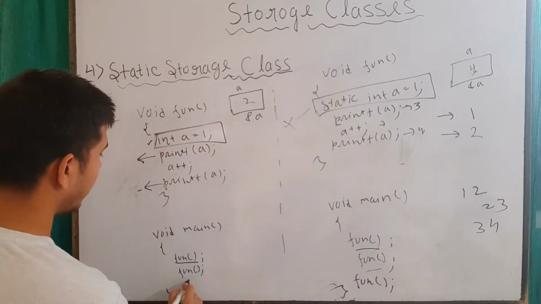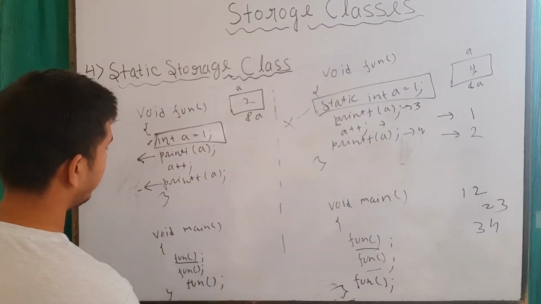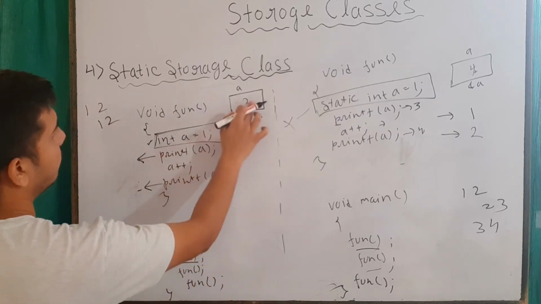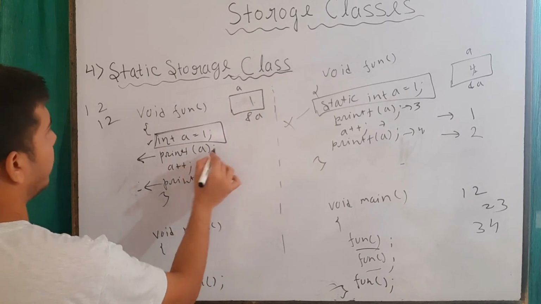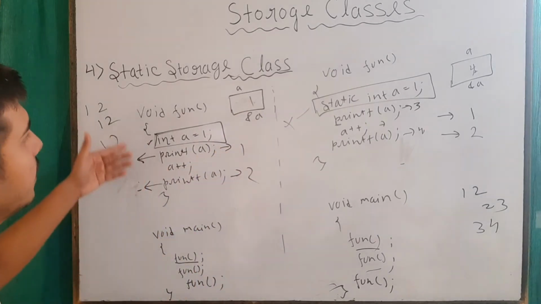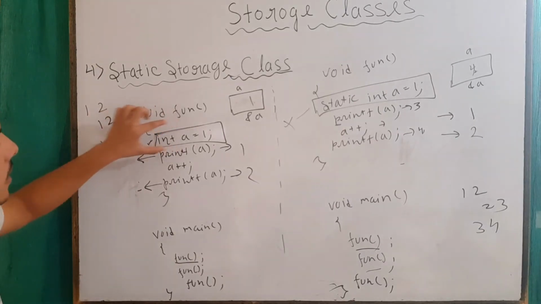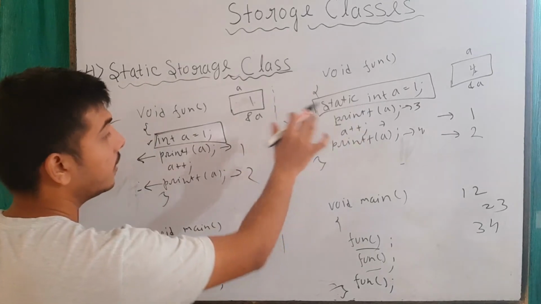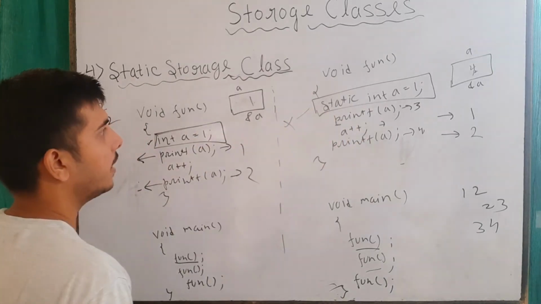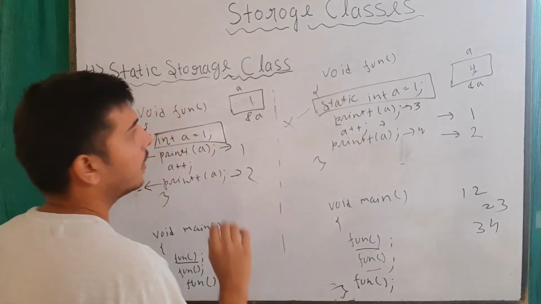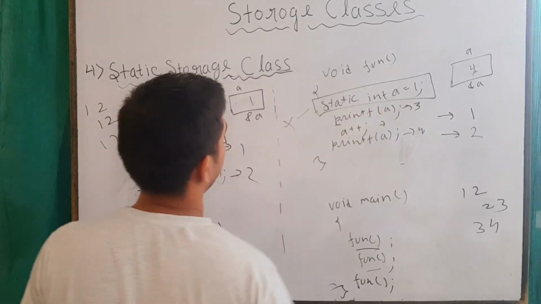Here if I call it again with the non-static variable, then it will reinitialize and again give me 1, then 2, and 1 2 1 2 is the output. Now see the difference: here reinitialization or redefining is taking place, but with static no reinitializing or redefining takes place. This is the main point when we are using the static storage class: it will be initialized only once.